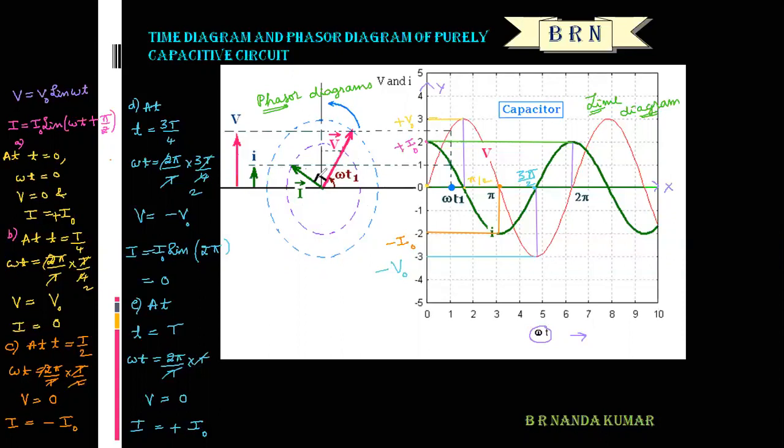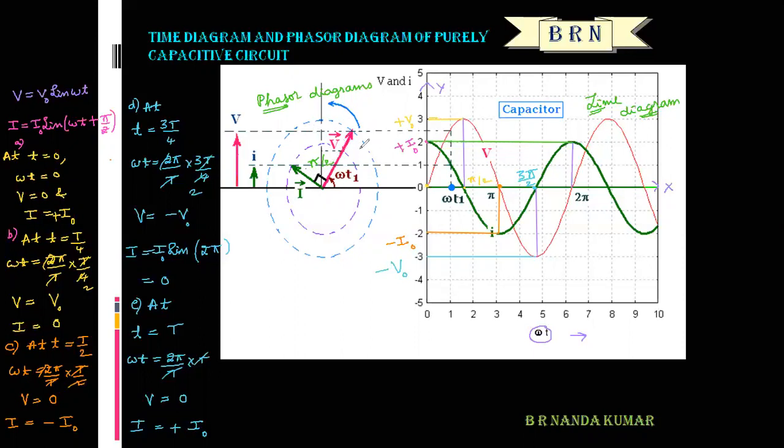So there is a phase difference between the current and voltage. Is it not? Just comparing these two equations, V is equal to V naught sine omega t, and I is equal to I naught sine of (omega t plus π/2). That means here the current leads the voltage by an angle π/2 radian, or the voltage lags behind the current by an angle π/2 radian.